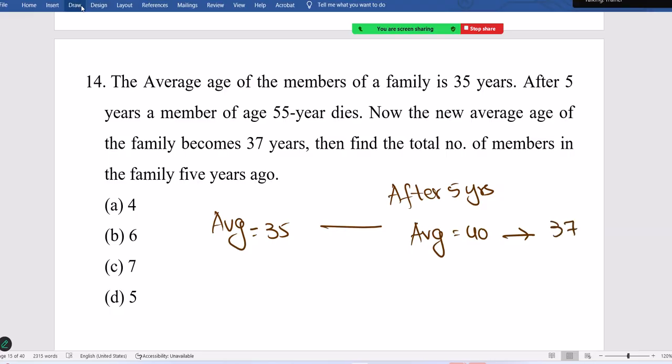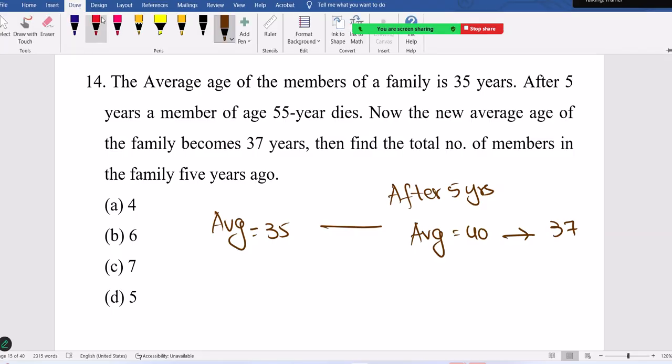Why? Because one person whose age is 55 has left. The average decreased by 3 because of that one person, whose age is 55.